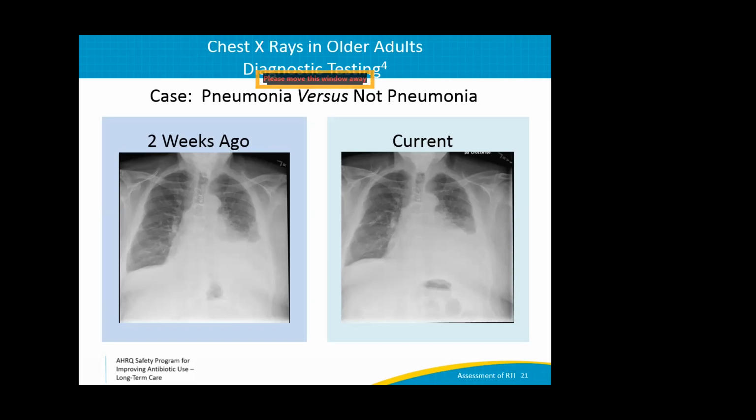So it's very important in these situations to compare images to any prior chest x-rays you may have in order to help you differentiate what's a new finding versus what's an old finding.